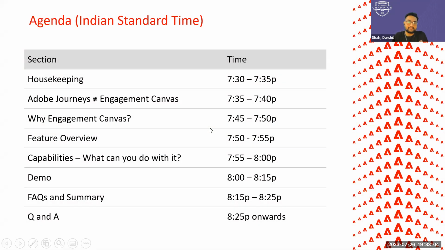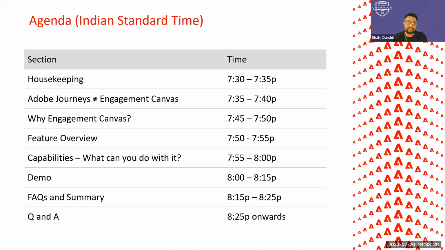So, a quick agenda. We'll have a quick housekeeping, then we'll walk through what Adobe Journeys is and how it's different from Engagement Canvas, why Engagement Canvas, and what the business proposition is. We'll walk through the feature overview, what its capabilities are, and what you can do with it. As I said, we have a live demo.